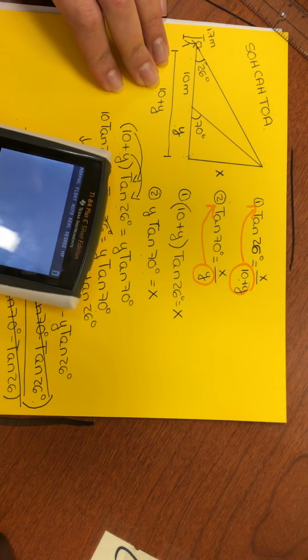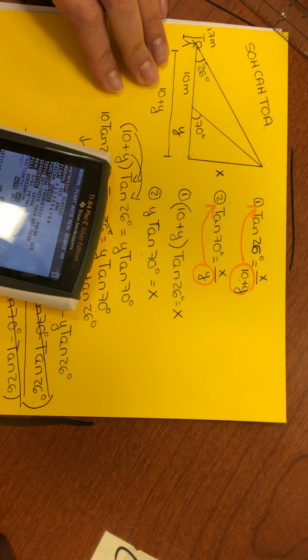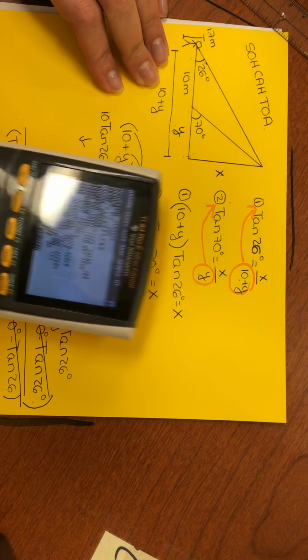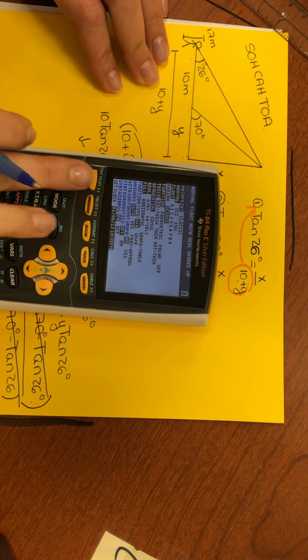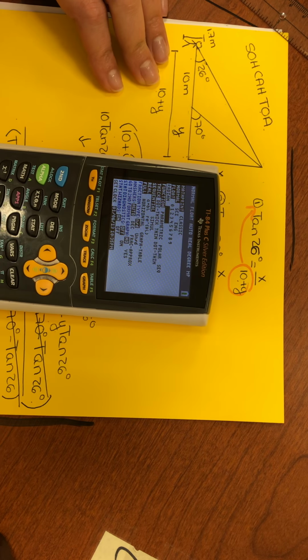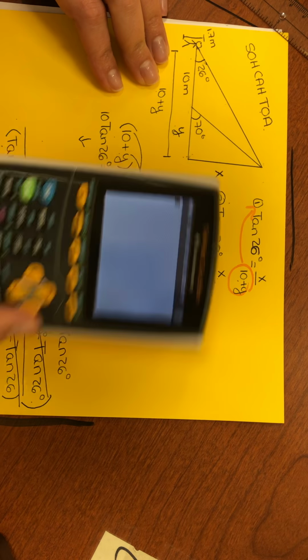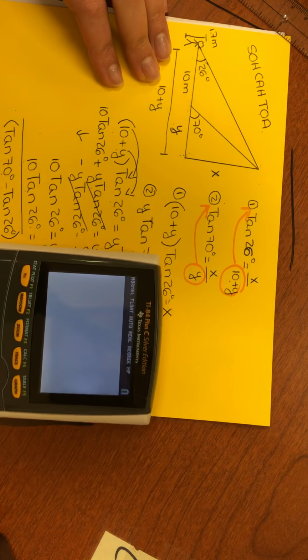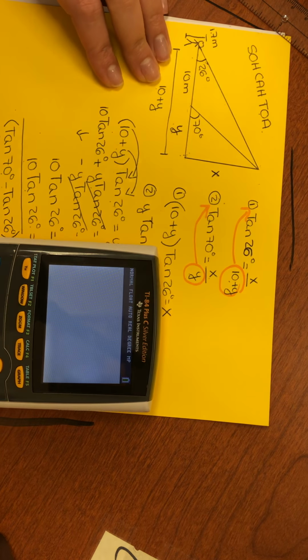The first thing you have to make sure is that your calculator is in degree mode. So you go to mode, and then go down and double check your calculator is in degree mode. Okay, and you clear and you plug that into your calculator.